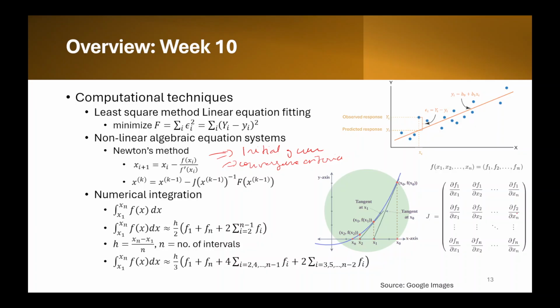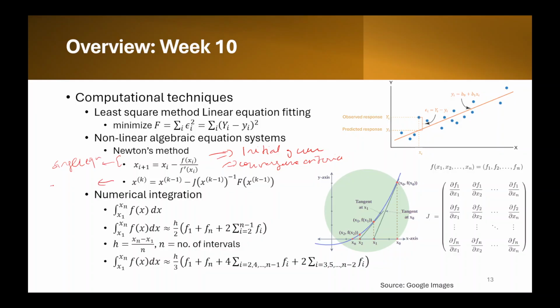Then this goes for f2 with respect to all variables, and so on till your last function fn with respect to all your independent variables. So this is for the system of equations; the earlier one was for a single equation.